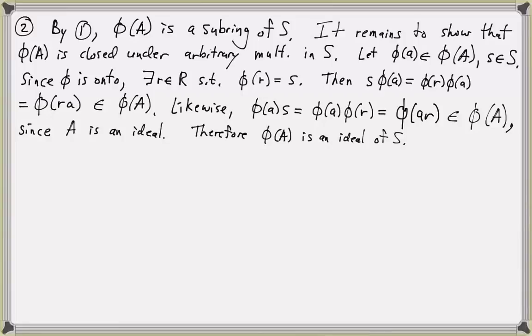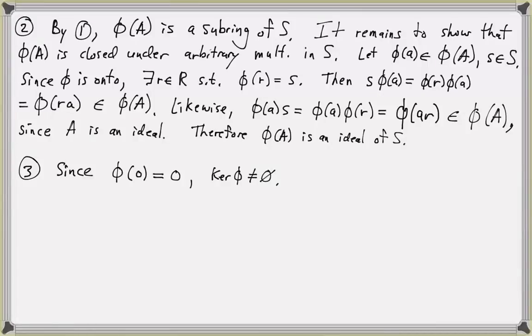Now we're going to show the third property, that the kernel of phi is an ideal. Now we've proved in group theory that any group homomorphism always maps 0 to 0, that is the identity of R to the identity of S. So since phi of 0 equals 0, we know that the kernel of phi is not empty.